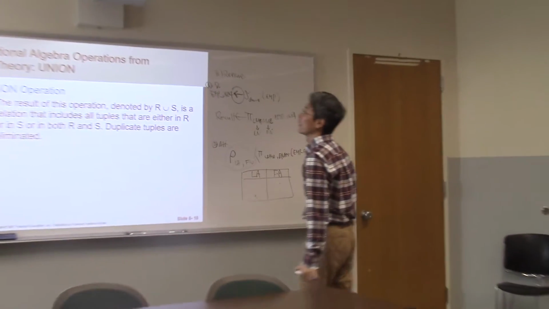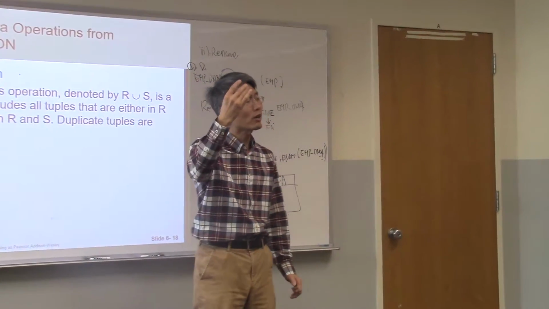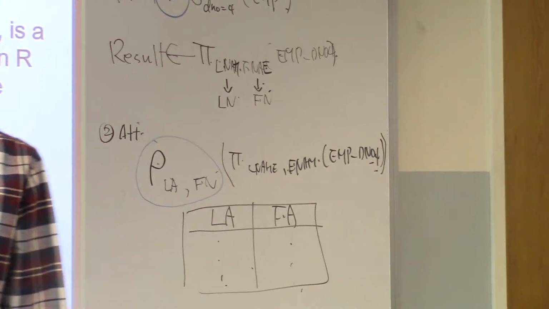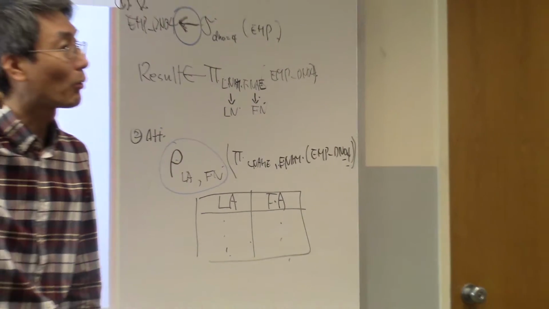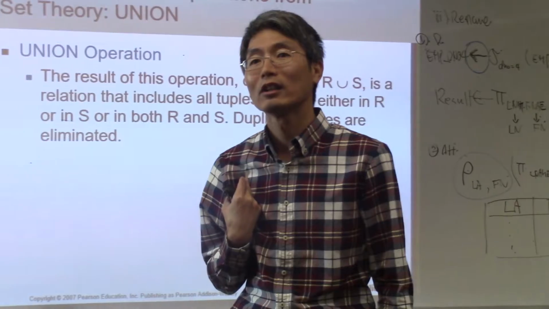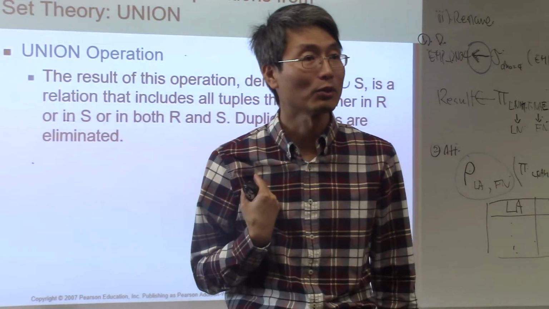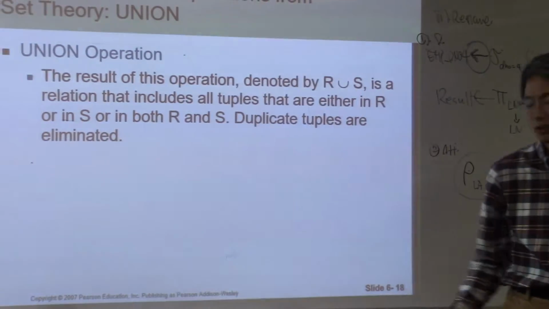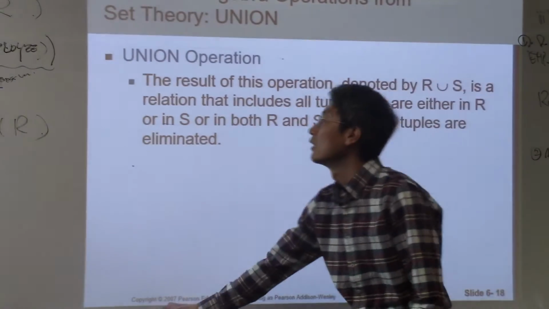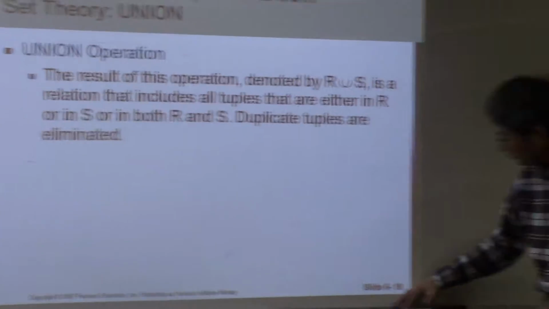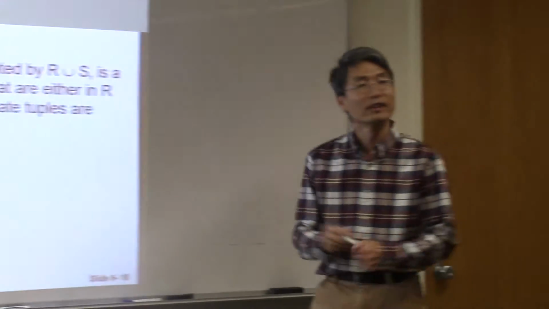Also, the relational algebra model comes from where? Set theory. One of the benefits of using set theory is that we can utilize any set operation from set theory in our relational model. So, first, union. Do you remember what kind of set operations you learned?